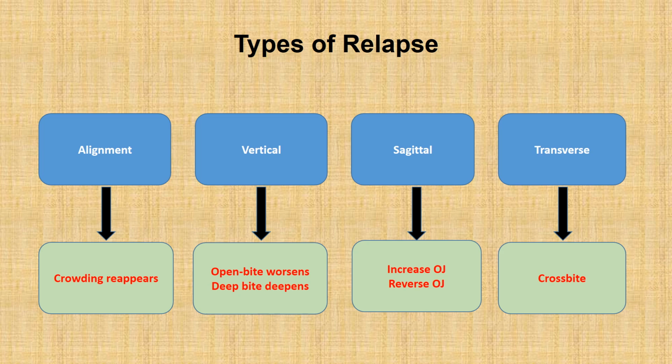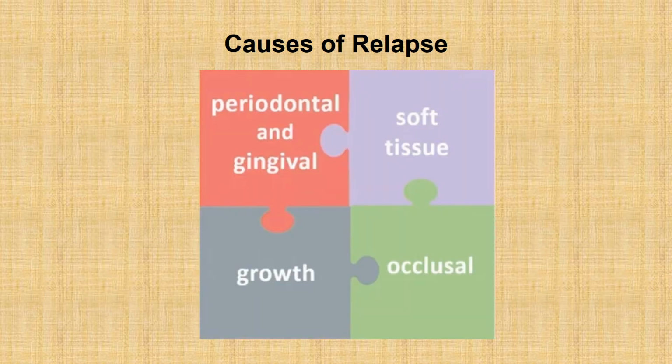The third type is the sagittal or anteroposterior relapse, which leads to an increase in overjet or an increase in reverse overjet. The fourth type is in the transverse direction, whereby we see the reappearance of a cross bite.